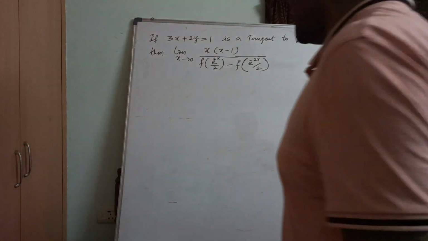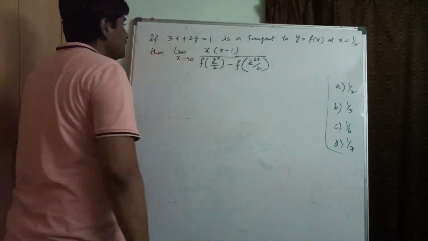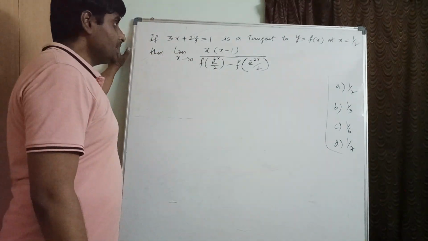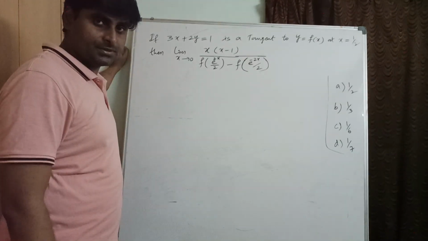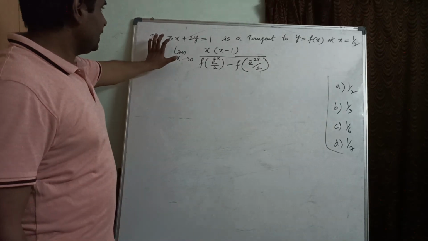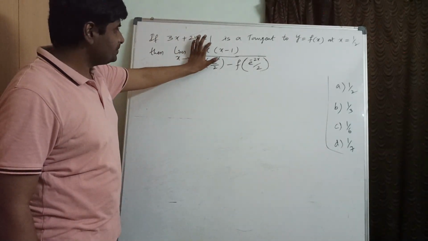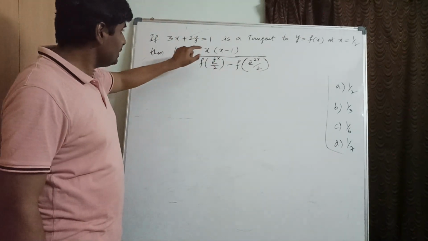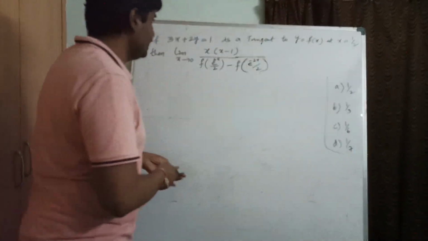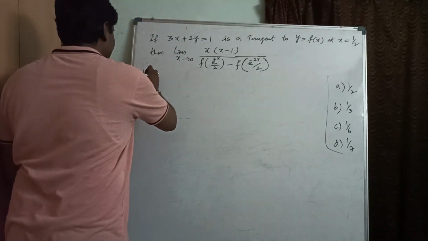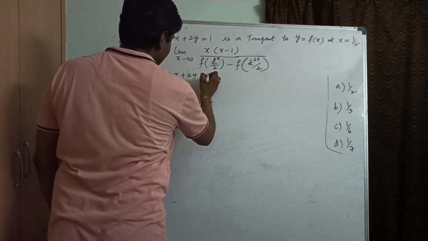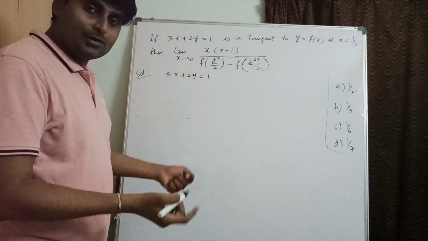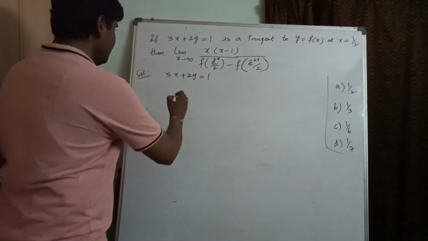Now see this, it's a very important model, generally as we see very frequently in most of the exams. See, if 3x plus 2y equals to 1, listen here carefully, 3x plus 2y equals to 1 is a tangent, so whenever it is a tangent, the slope is also known. What is slope here?